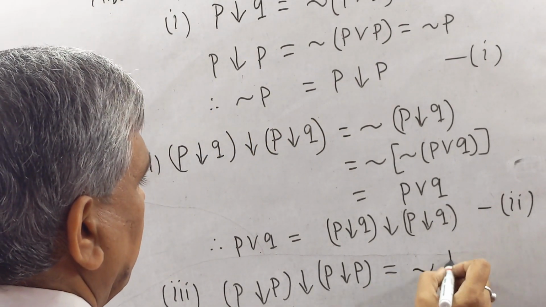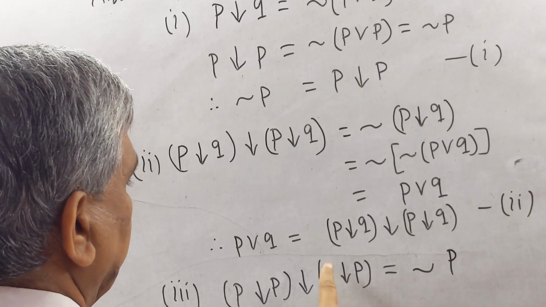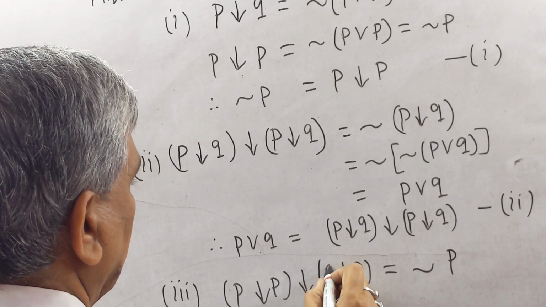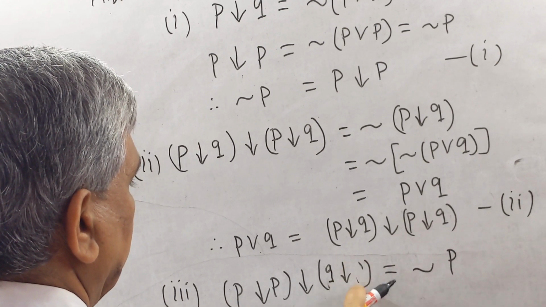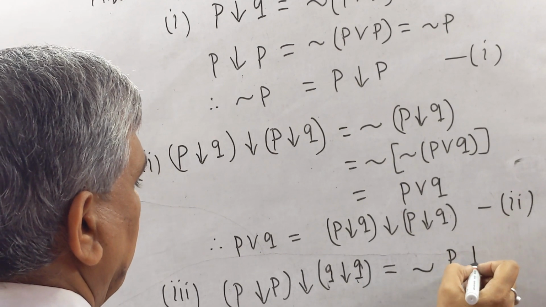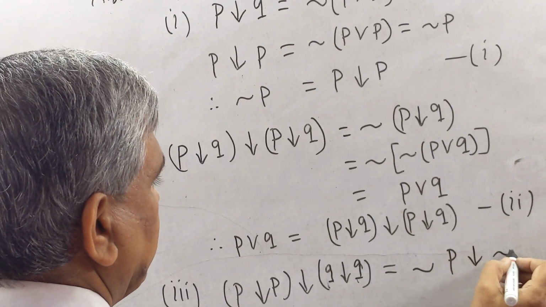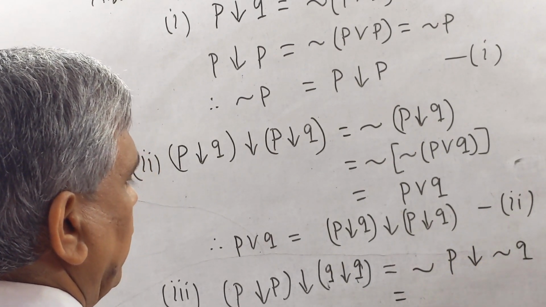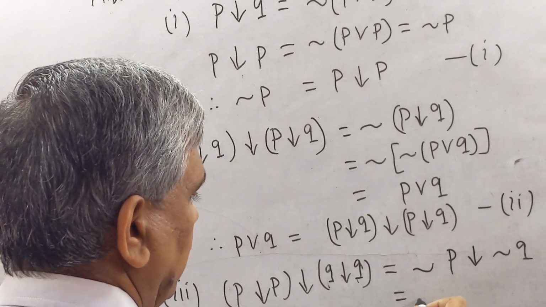Negation P, this is Q, negation P NOR negation Q. NOR means not or.